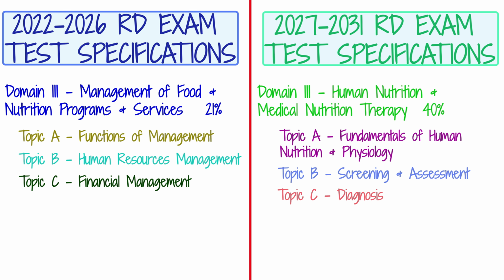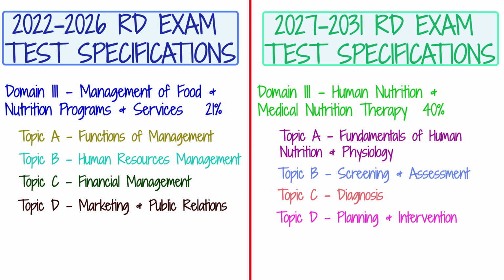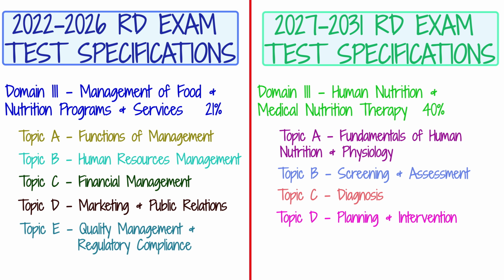Topic D in the current exam is titled Marketing and Public Relations, while Topic D in the new exam is titled Planning and Intervention. And finally, Topic E in the current exam is titled Quality Management and Regulatory Compliance, but in the new exam, this content is replaced by Monitoring and Evaluation.